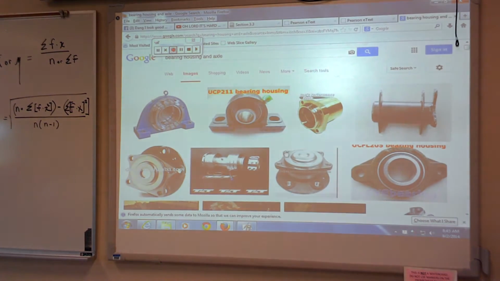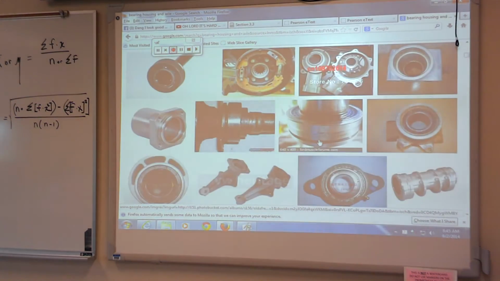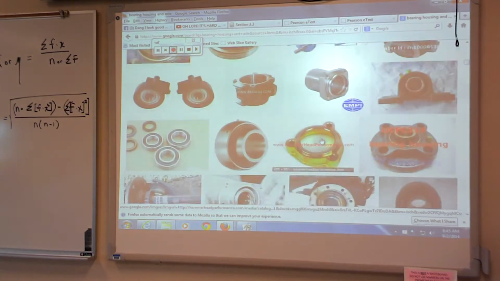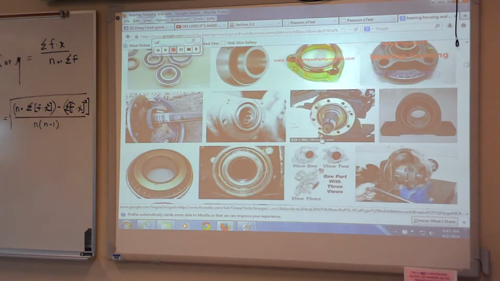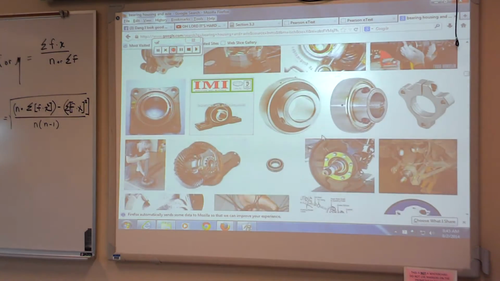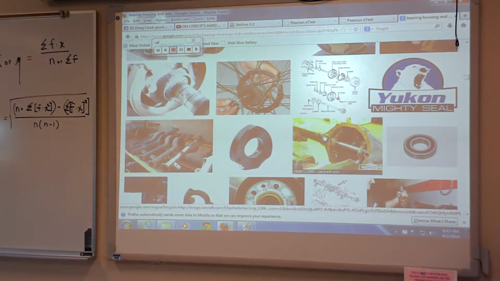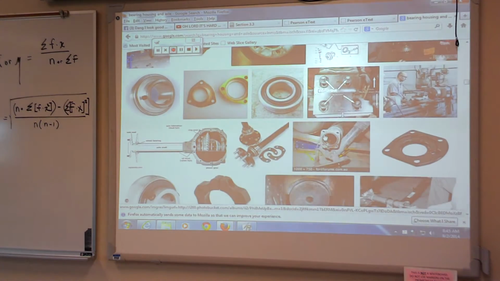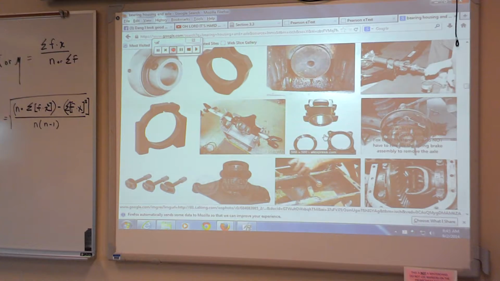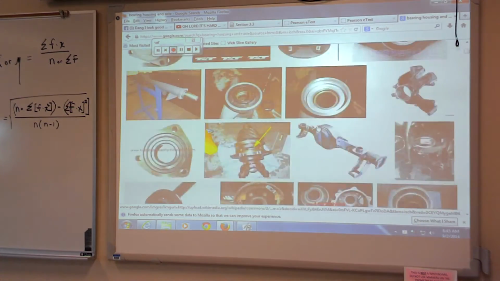There's the bearing. That's not what I'm looking for. Hold on just a second. Nah, ain't what I'm looking for.